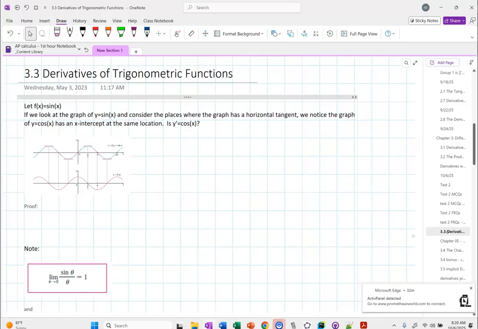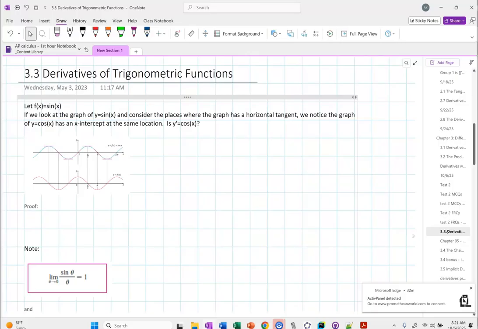I think we encountered this in a homework question before, where we sketched the graph of the derivative of sine and made a guess that it looked like the graph of cosine. Well, that is the case. The derivative of sine is cosine, and we're asked to prove this.